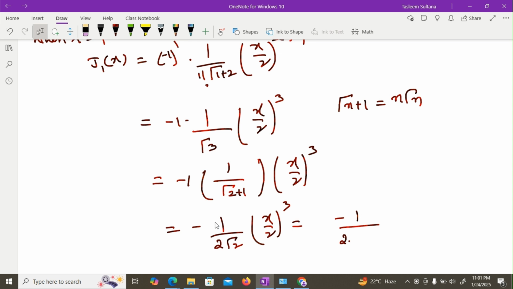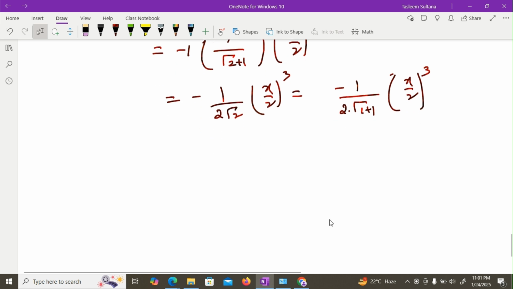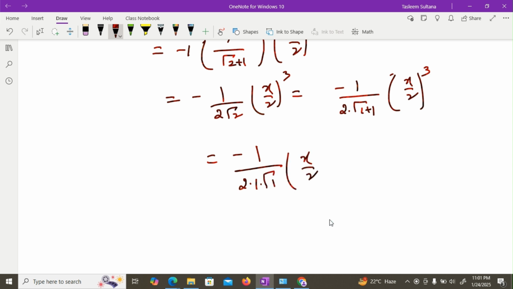Now again that gamma 2 we can write as gamma 1 plus 1, x by 2 to the power of 3, minus 1 divided by 2 into 1, x by 2 to the power of 3.